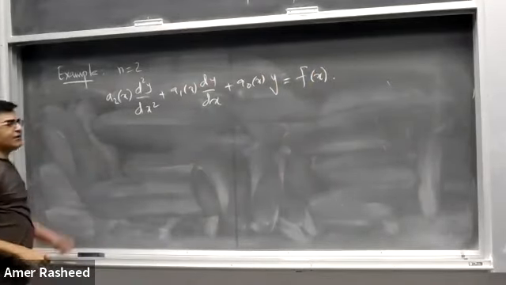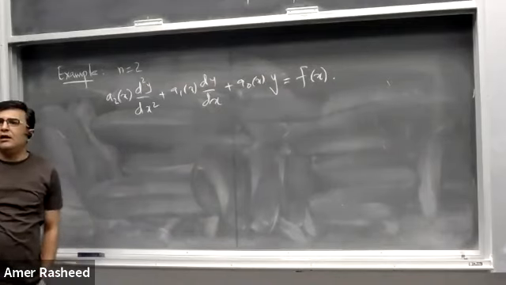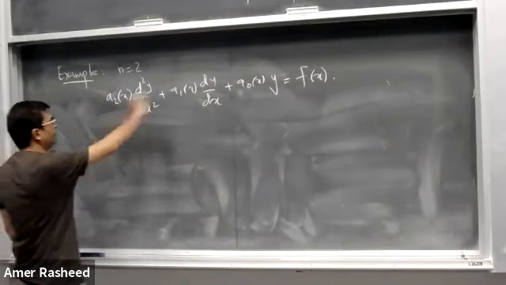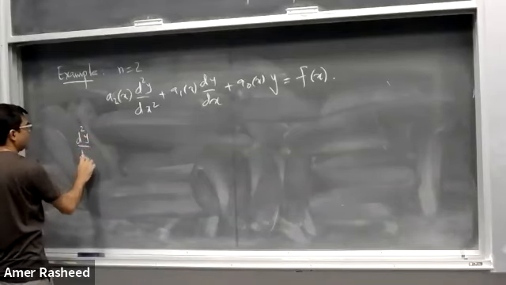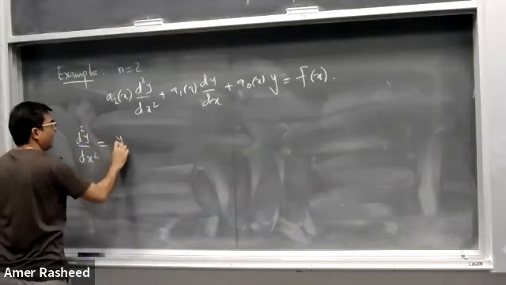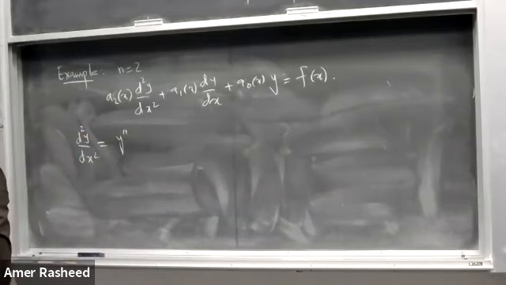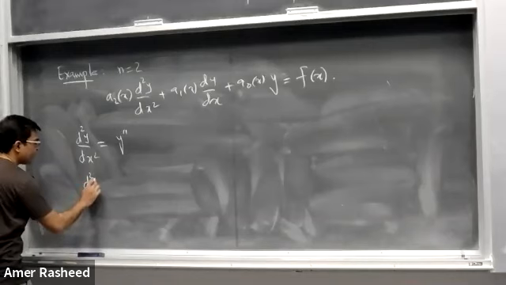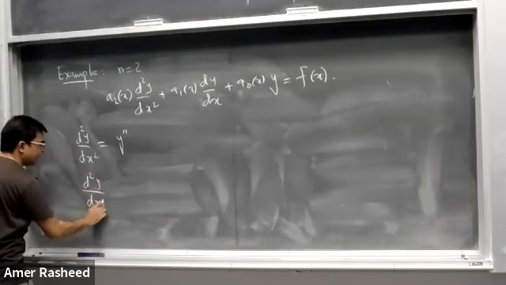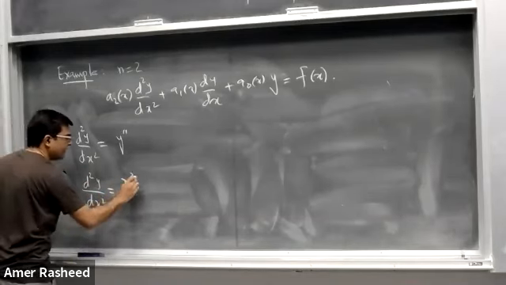There are different notations for the derivatives. We can use them in order to simplify the notation. For example, d square y by dx square can be written as y double dash. Or d square y by dx square can be written as D square y.